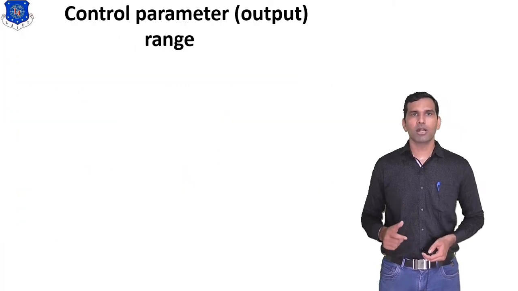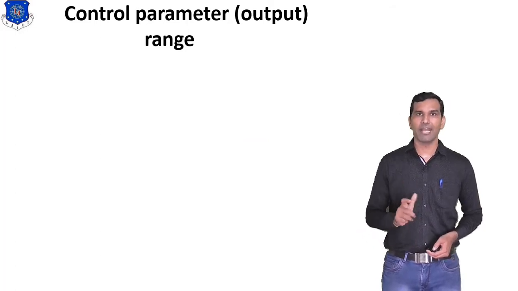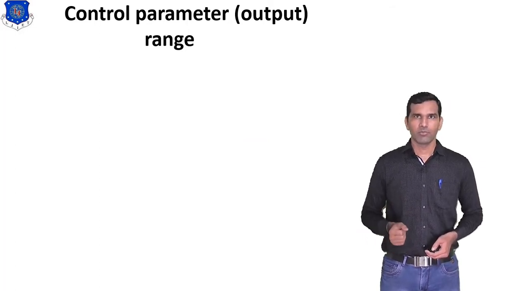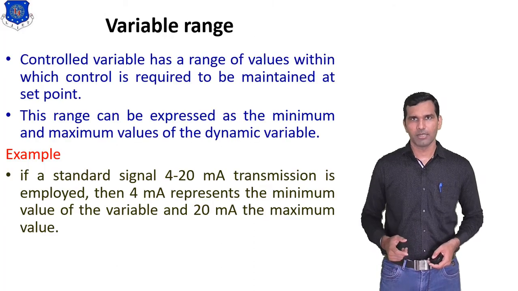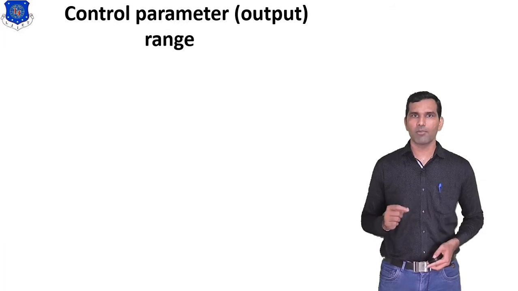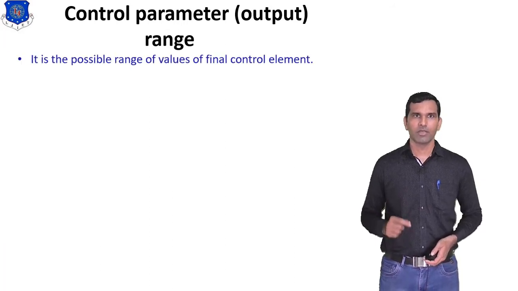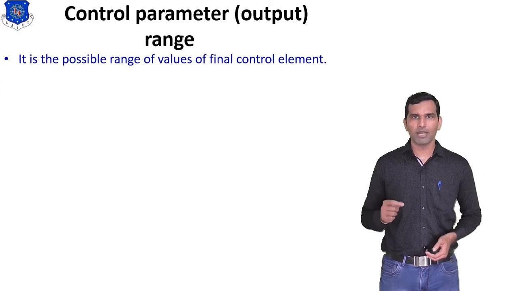Now we discuss the control parameter or the output range. In the previous slide we discussed the variable range. Now in this slide we discuss the control parameter range. It is the possible range of values of the final control element.